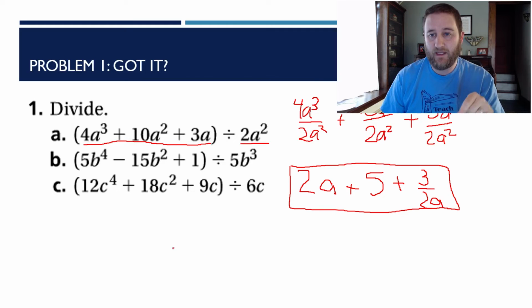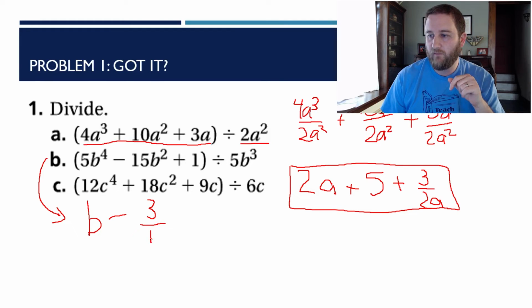The answer to B is going to be b minus 3 over b plus 1 over b to the, nope, sorry, that's 5b to the third power.